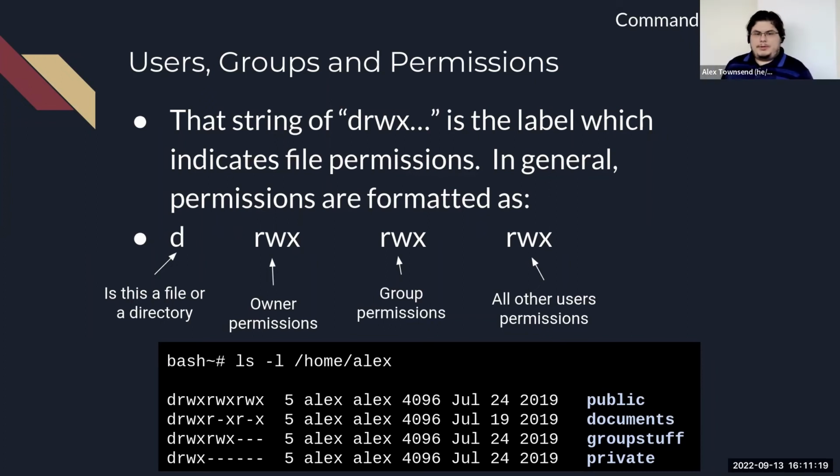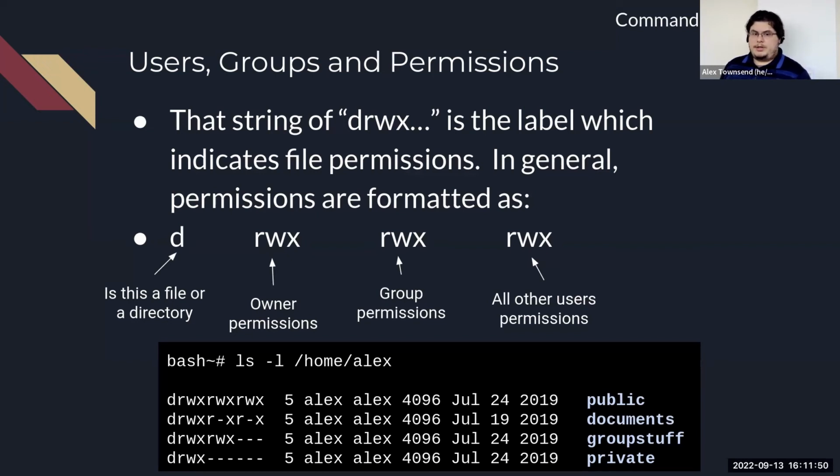What the first letter means is either yes, the owner, group or all other users can read the file if it's an R, or if it's a dash, then that set of users cannot read that file. If the second letter is a W, then yes, the owner, group or everyone can write to that file or delete the file. If it's a dash, then that permission is not granted.